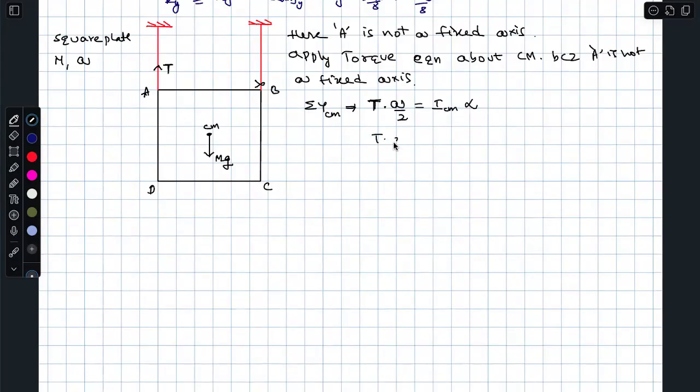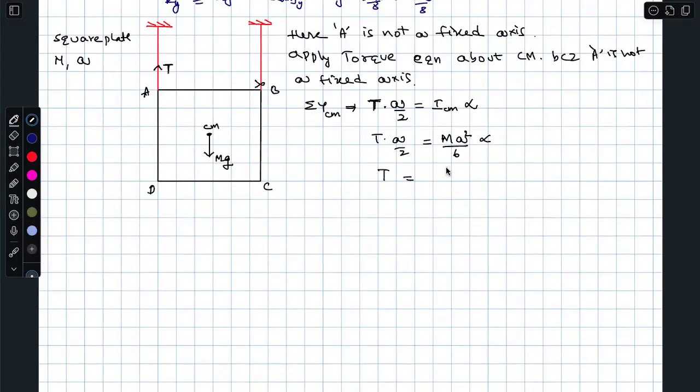Can someone please help me in writing ICM? Yesterday only we have done. About CM, what is the moment of inertia? MA square by 12 plus MA square by 12, MA square by 6, times alpha.